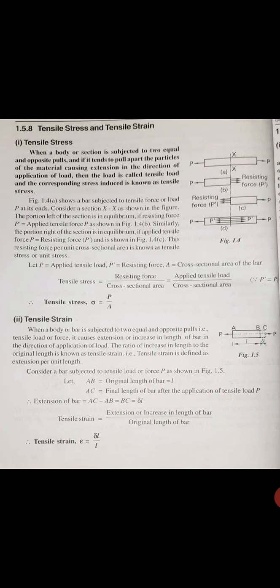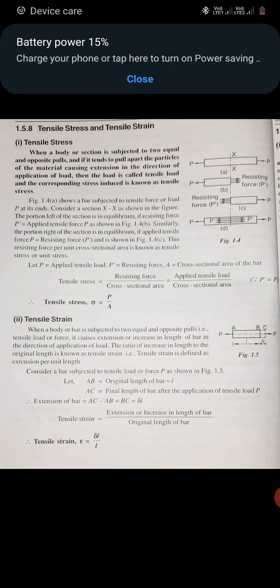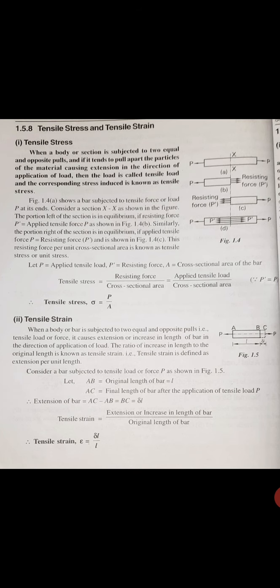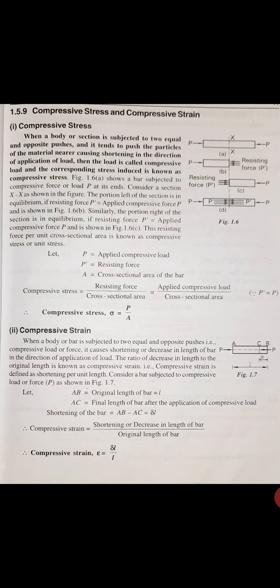The formula remains the same, sigma is P by A, tensile strain epsilon is delta L by L. Compressive stress is pushing stress trying to compress, so the formula is the same, sigma is P by A, strain epsilon is delta L by L. Shear stress is the slicing force, given by tau equals P by A. Shear strain is the angular deflection, or transverse displacement, so phi is delta L by h.